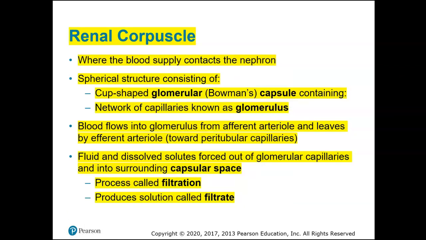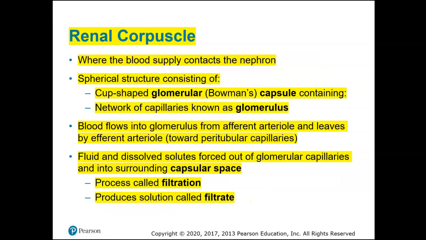Okay, so on this page, we're looking at the renal corpuscle, which consists of a cup-shaped glomerular capsule or Bowman's capsule containing the glomerulus, which is a network of capillaries. And what occurs in the renal corpuscle is called filtration.